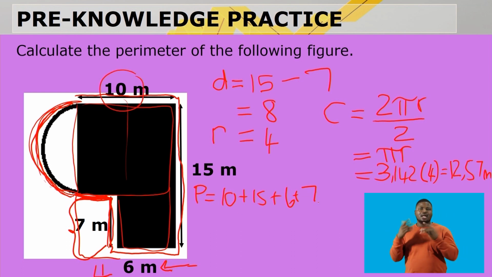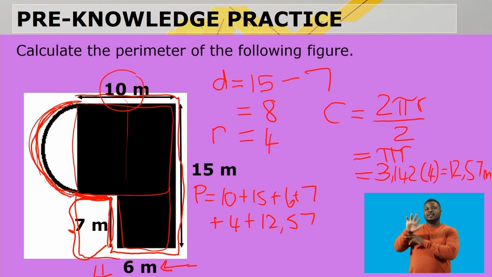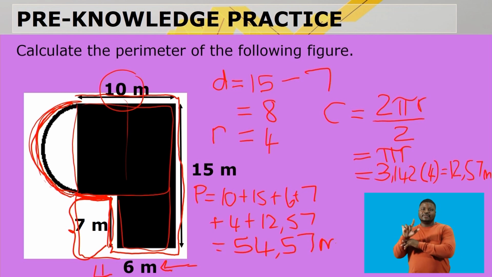So it's going to be the 7 plus 4 plus 12,57, and that will give you a total perimeter of 54,57 meters. Please remember that it is vital to show all units in your final answer.